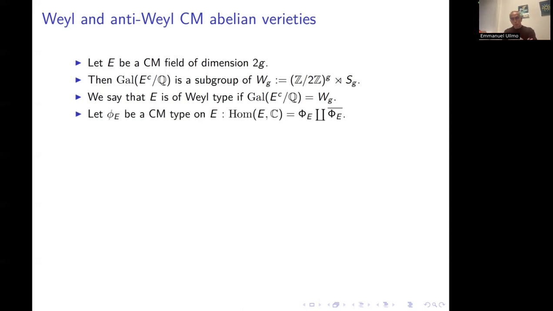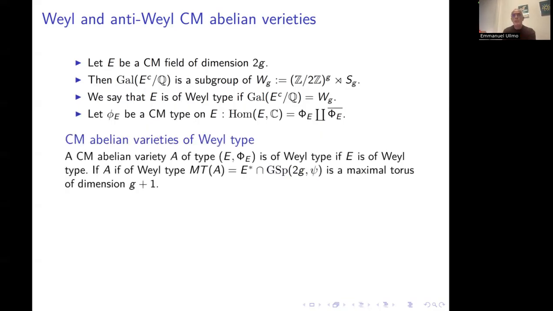So when you have a CM type, a decomposition of Hom(E, C) as the sum of two disjoint subsets, such that if you have one embedding in one set, the conjugate is in the other.